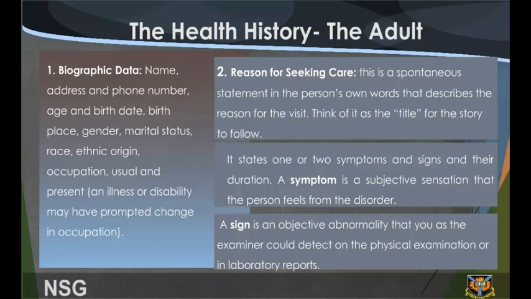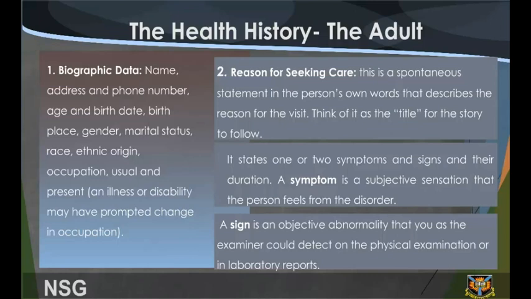2. Reason for seeking care. This is a spontaneous statement in the person's own words that describes the reason for the visit. Think of it as the title for the story to follow. It states one or two symptoms or signs and their duration. A symptom is a subjective sensation that the person feels from the disorder.